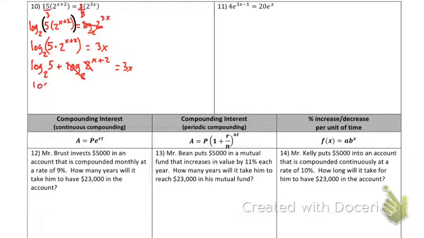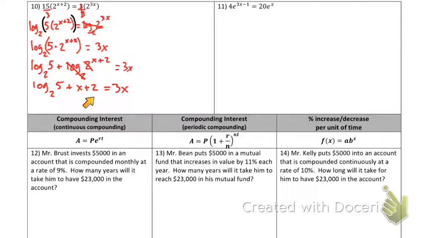And now we're left with log base 2 of 5 plus x plus 2 equal to 3x. So now what I want to do is we kind of want to get these x's together because it's no longer an exponent spot. I can move this x over here.